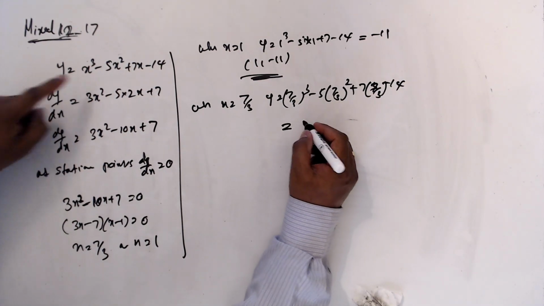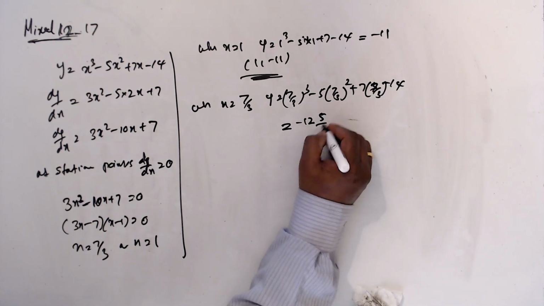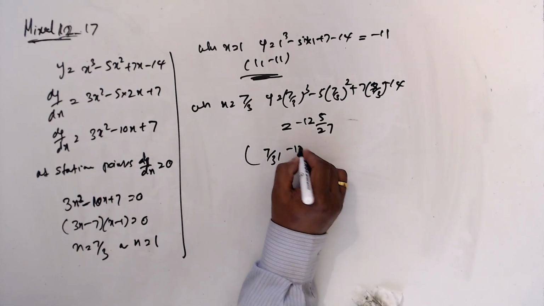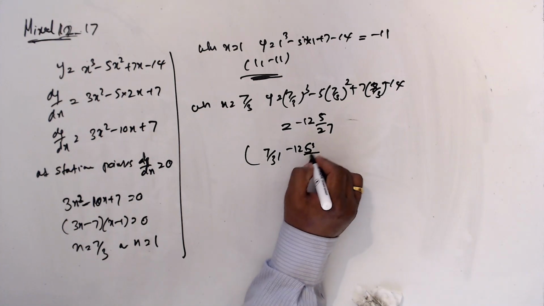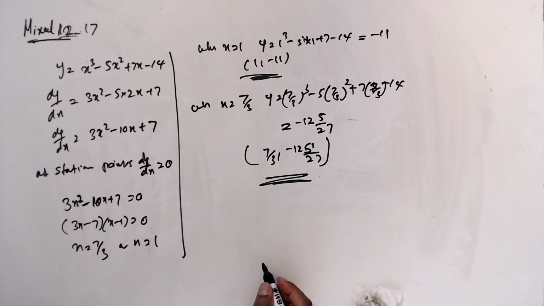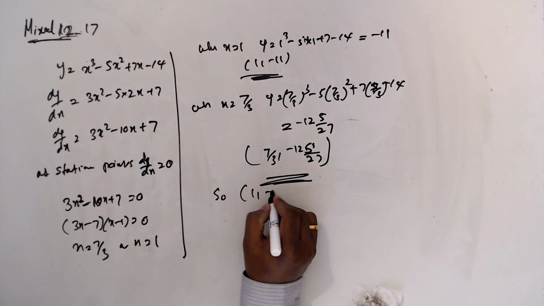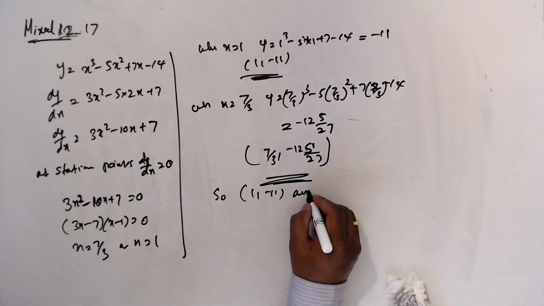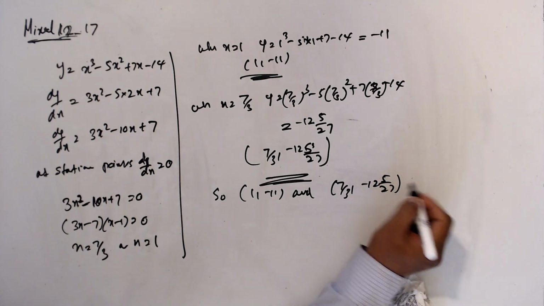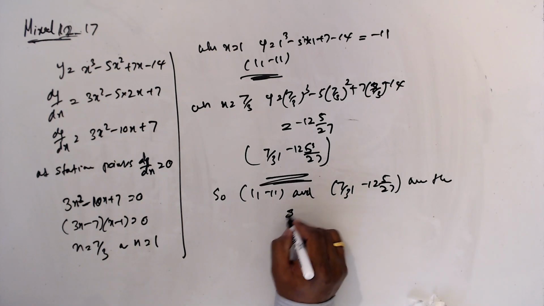This calculation will give minus 12 5/27. So those are the 2 points: (1, -11) and (7/3, -12 5/27) are the stationary points.